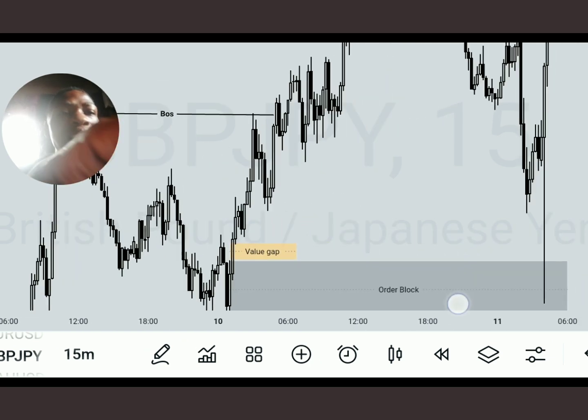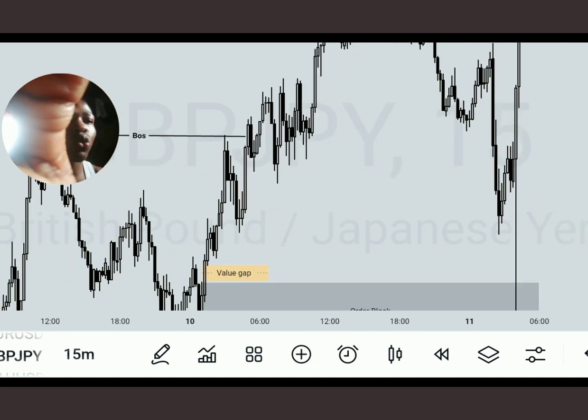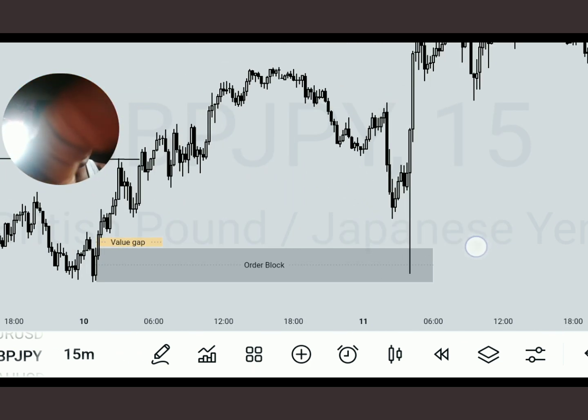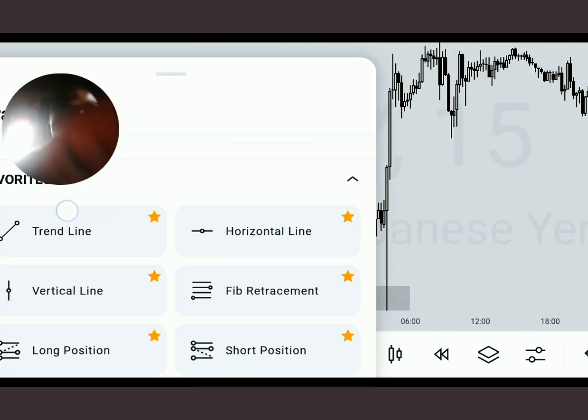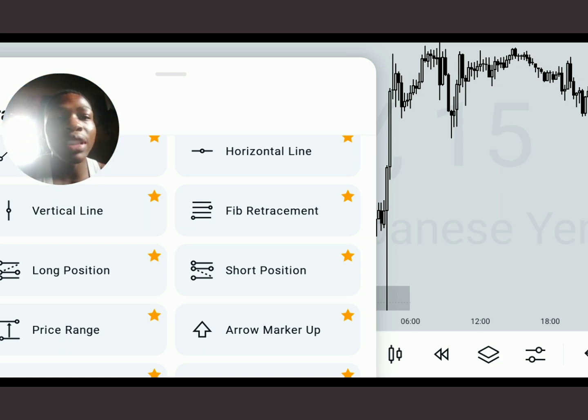All of these things are liquidity. Everything that is resting here is liquidity. So the market swept the liquidity and touched the order block. Then here is where you place your buy or sell limit, or just execute it like that.